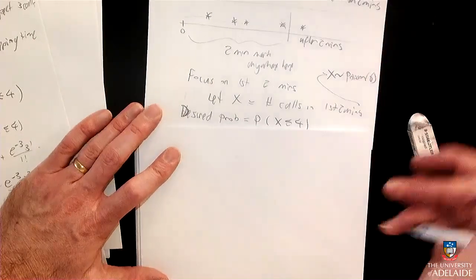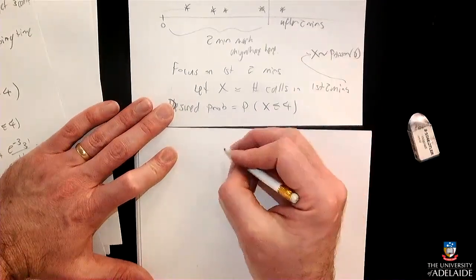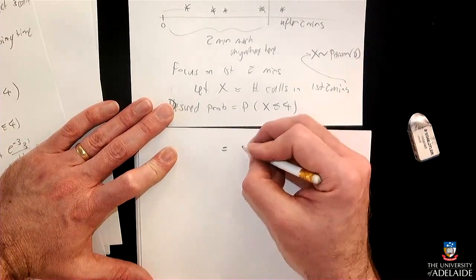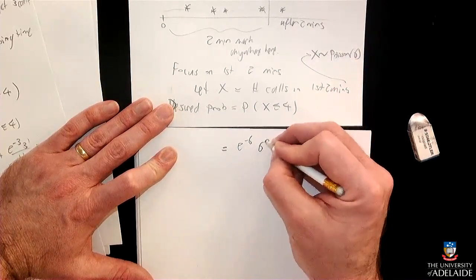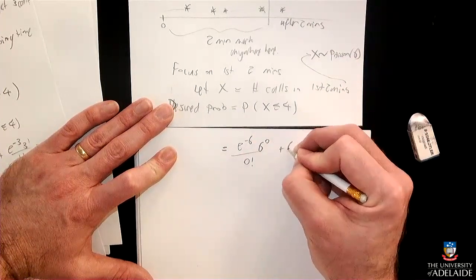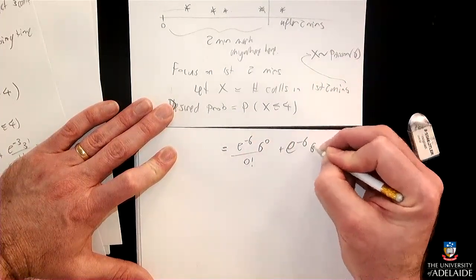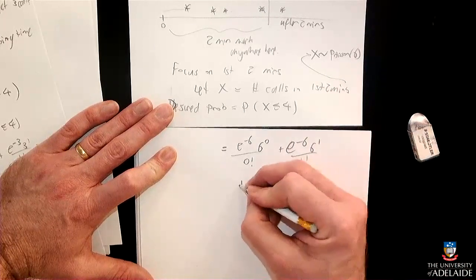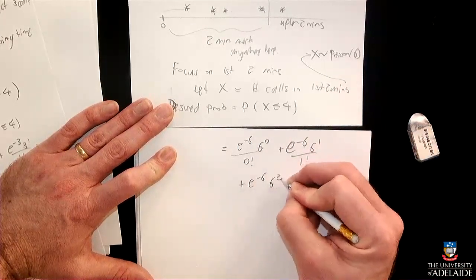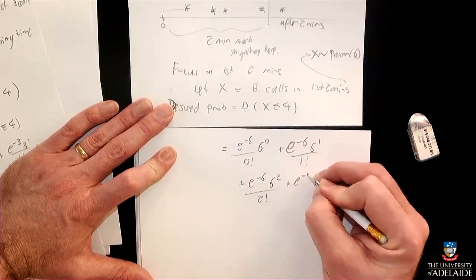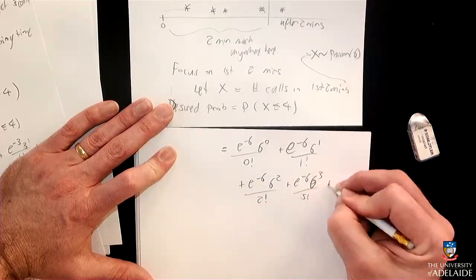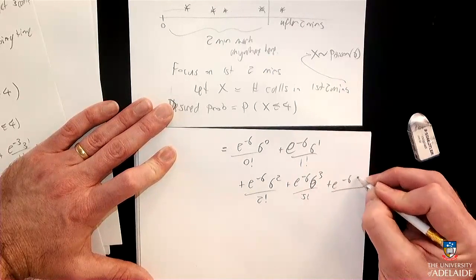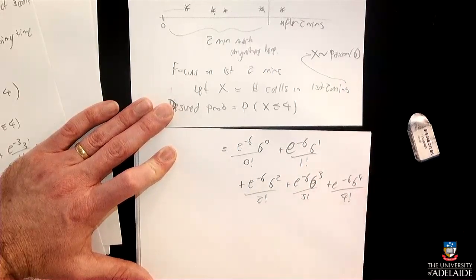Okay. So that would be e to the minus 6, 6 to the 0 over 0 factorial, plus e to the minus 6, 6 to the 1 over 1 factorial, plus e to the minus 6, 6 to the 2 over 2 factorial, plus e to the minus 6, 6 to the 3 over 3 factorial, plus e to the minus 6, 6 to the 4 over 4 factorial, whatever that is.